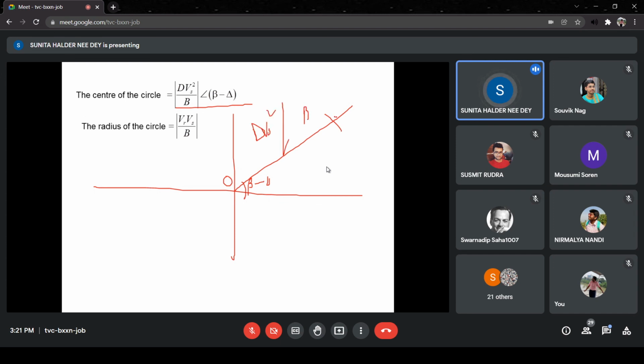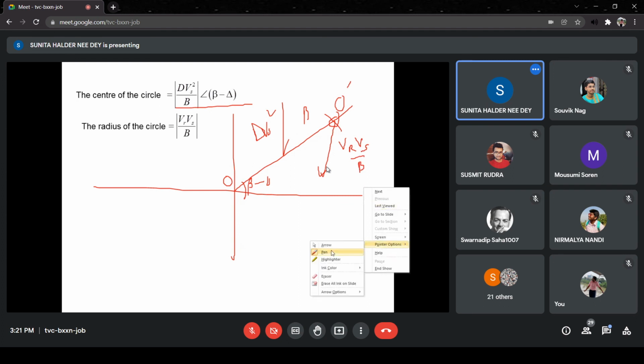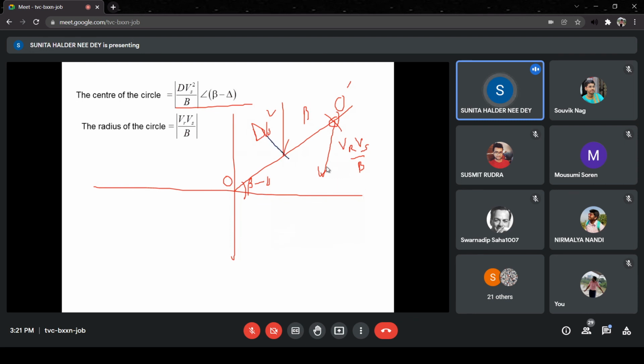Then this will be the center of the circle, O dash, for the sending end power. From there we shall draw a circle with radius VR VS by B. Then this will give you the sending end complex power locus, right?